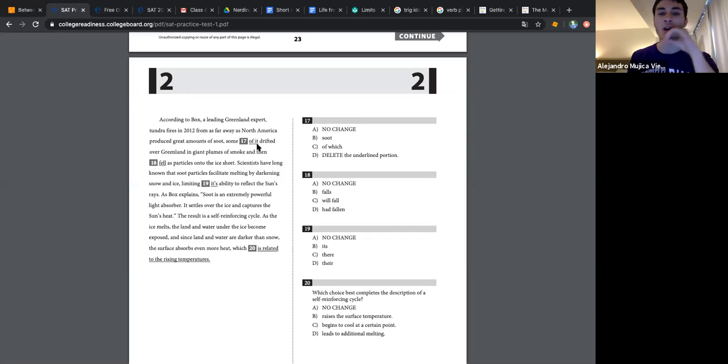So we're left between of it and of which. This comes down to what type of pronoun we should use. Which is sort of an explanatory pronoun, the kind we're supposed to use here, because it subordinates that clause to what comes before. Does that make sense?